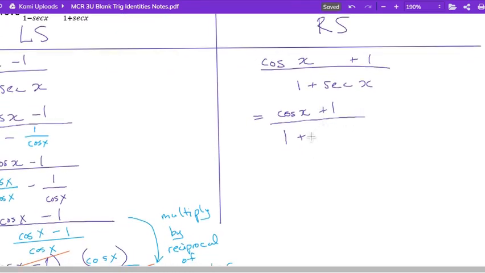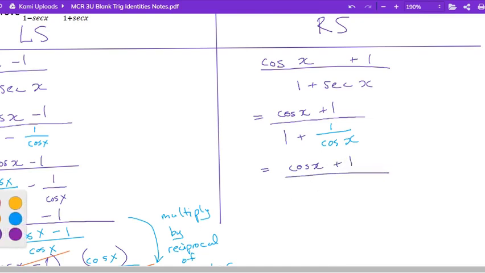So instead of writing secant, I can write 1 over cosine x. Now, similarly to the other side, we're going to add the two fractions. So again, I'm leaving the numerator as is, not really touching it. But instead of writing 1, I can write cos x over cos x.